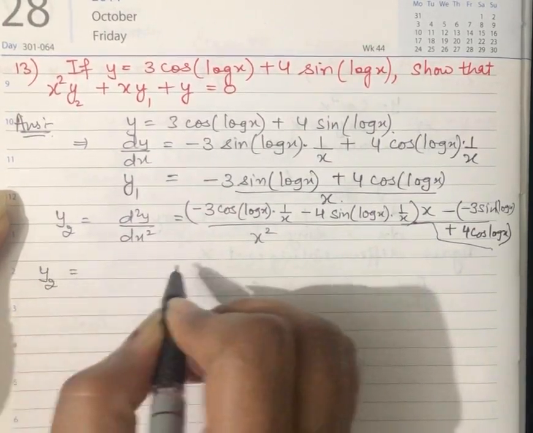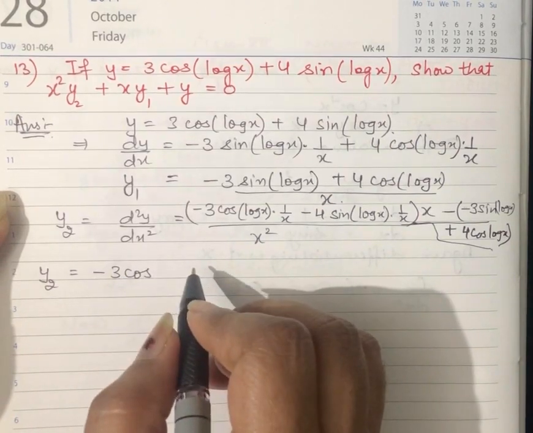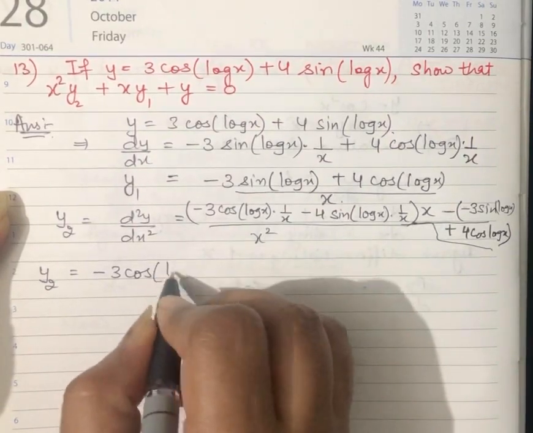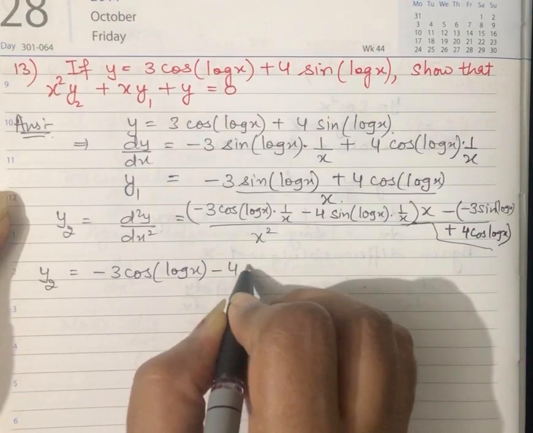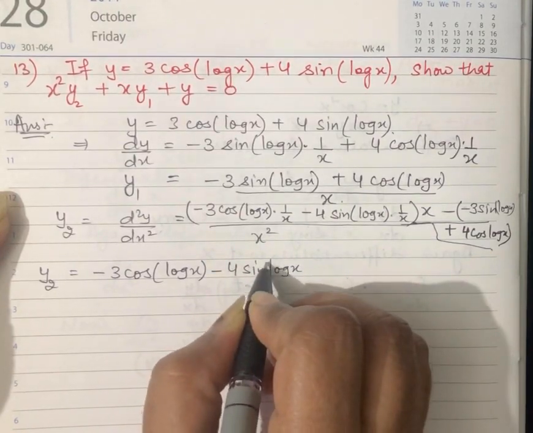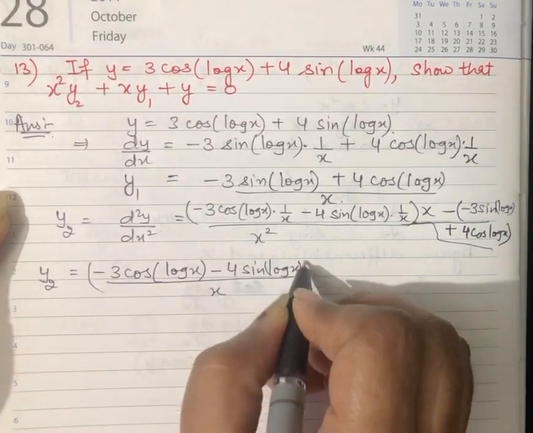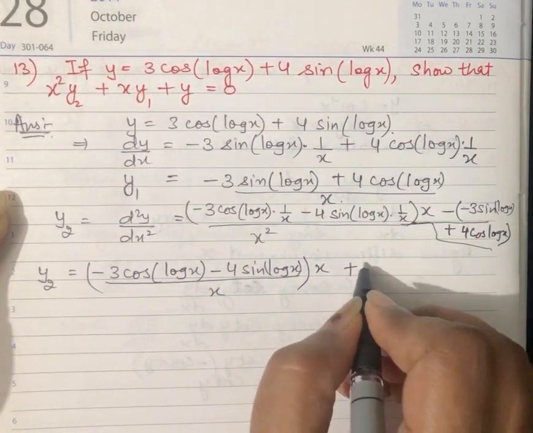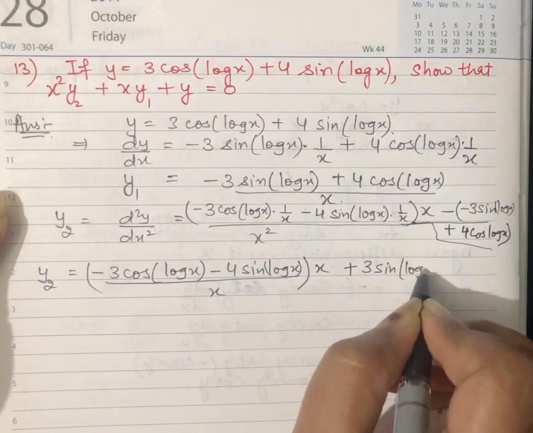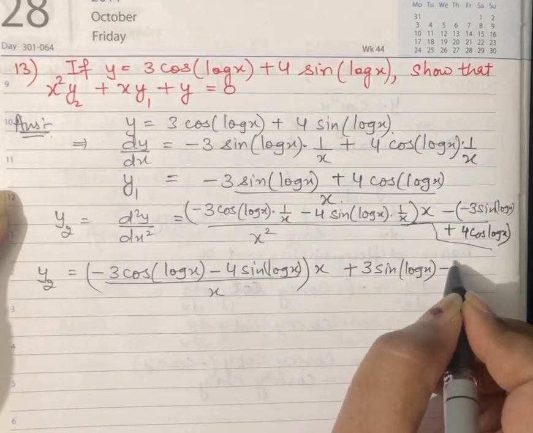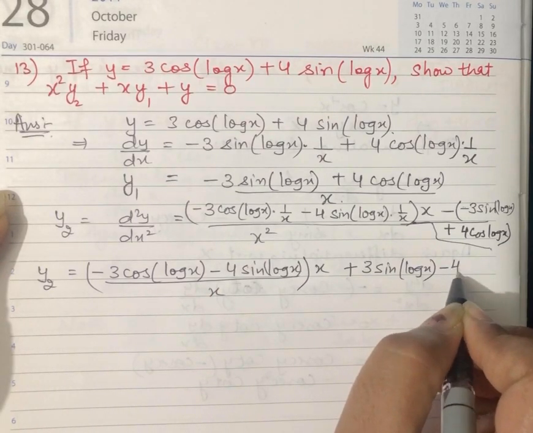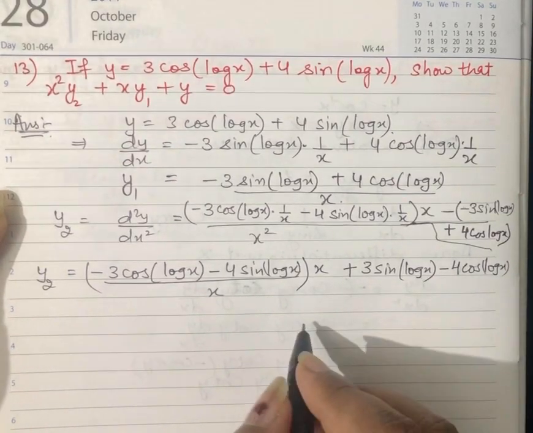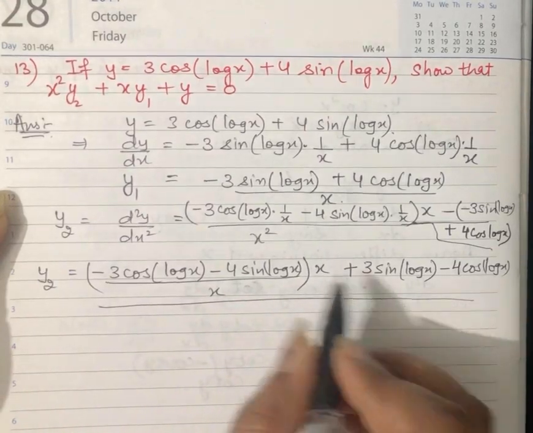So y2 becomes minus 3 cos, this x cancels out, or we can first write it like this, minus 4 sin log x upon x, and outside there is also x, and then we can open this bracket, plus 3 sin log x and minus 4 cos log x, and upon x square.